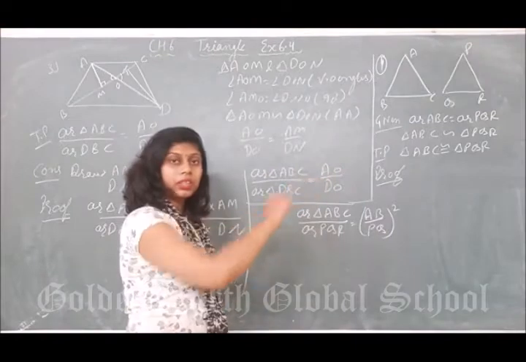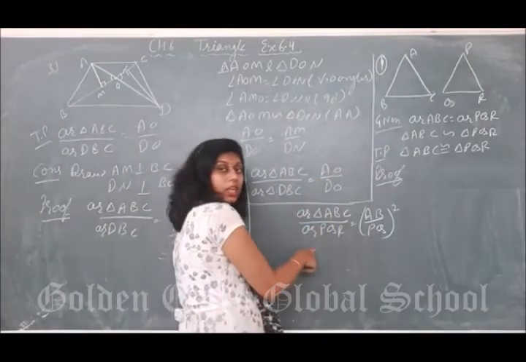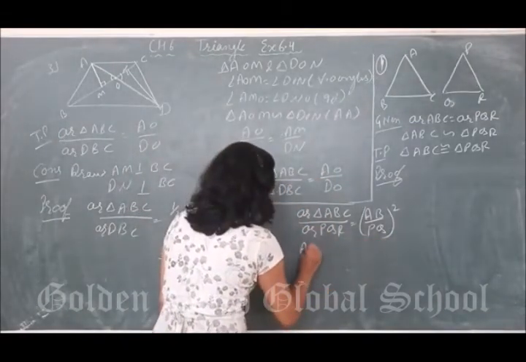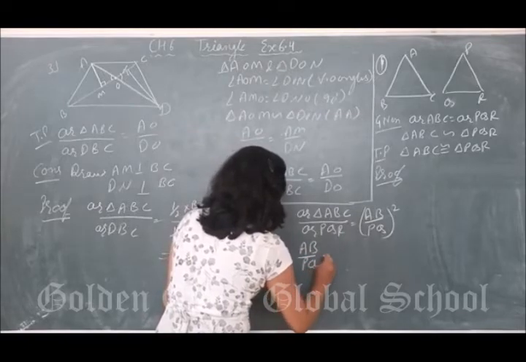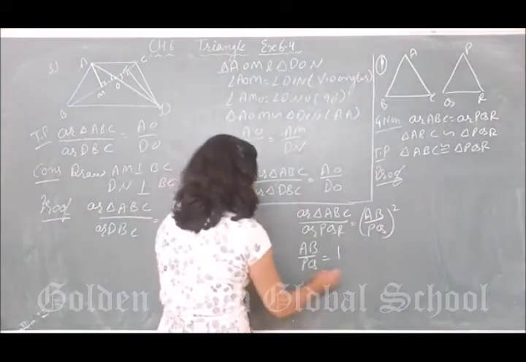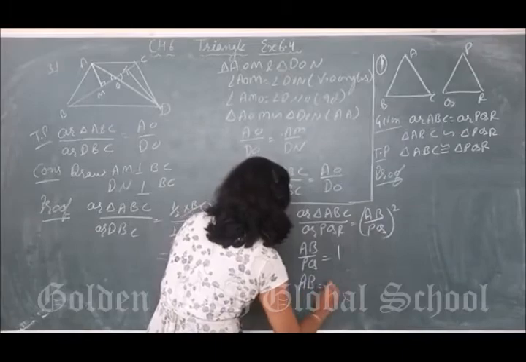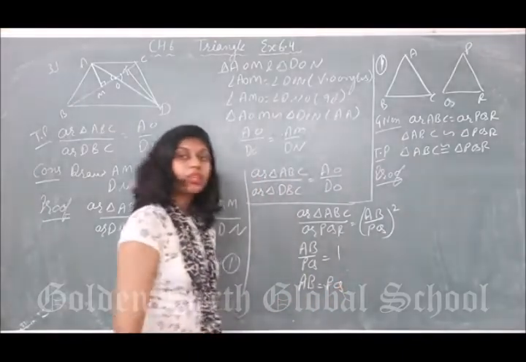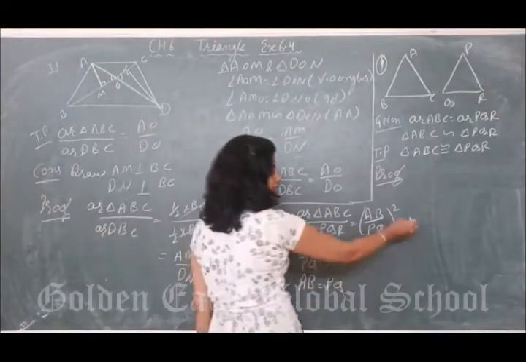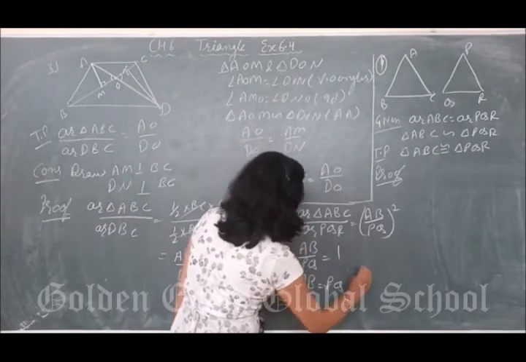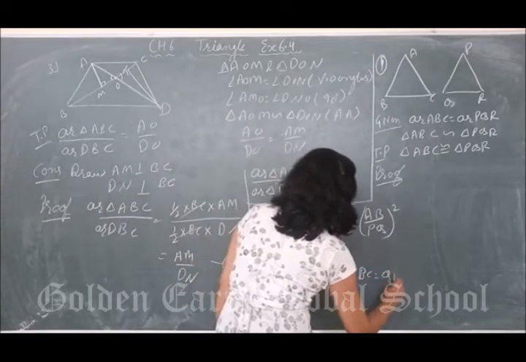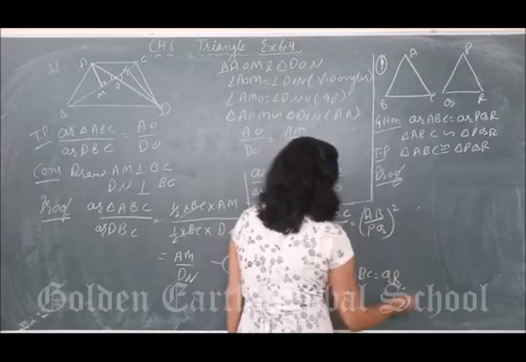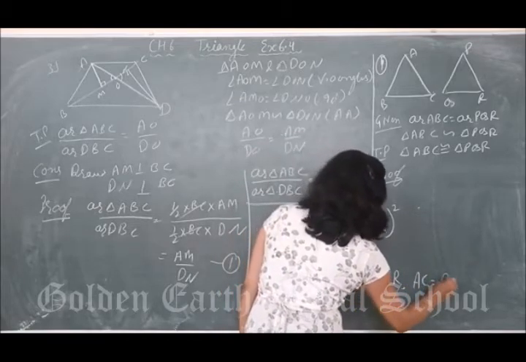Similarly, you can write for the other two sides. Now both the areas are equal, so this ratio is equal to 1. So from this we get AB is equal to PQ. Similarly, if you write BC upon QR, you will get BC equals QR. If you write AC upon PR, we get AC is equal to PR.